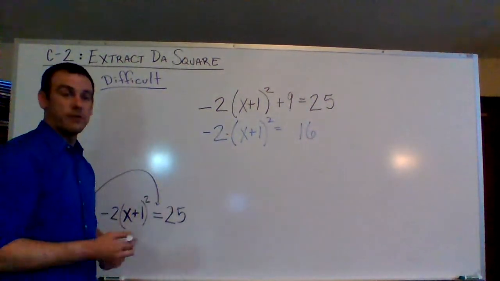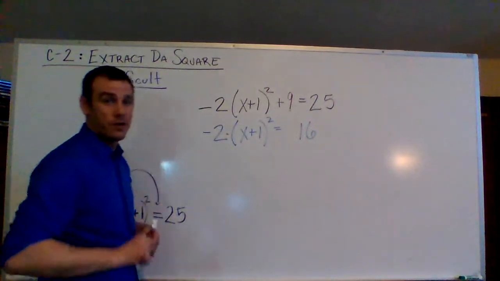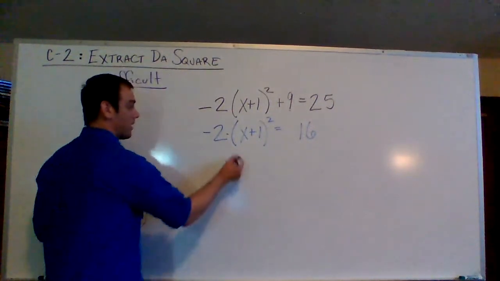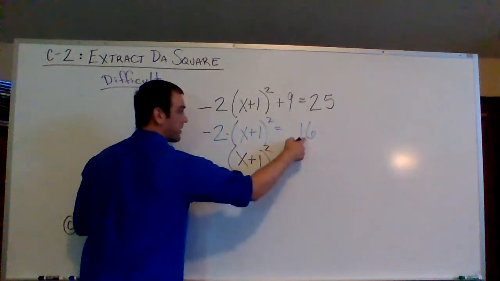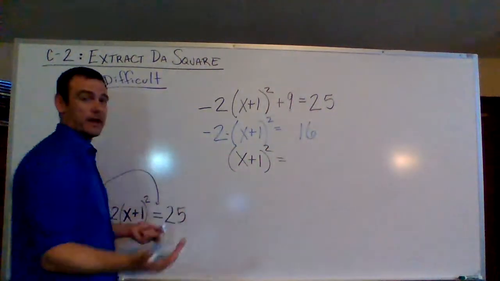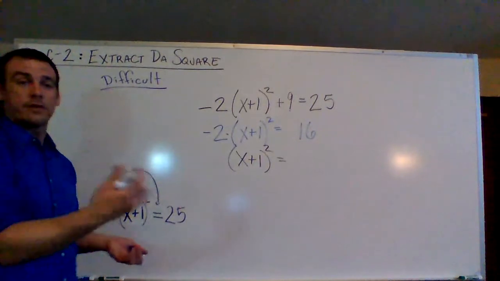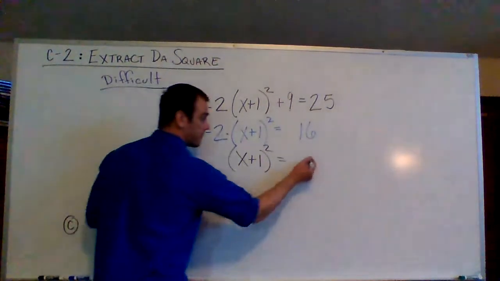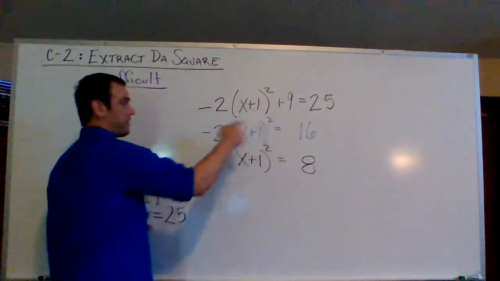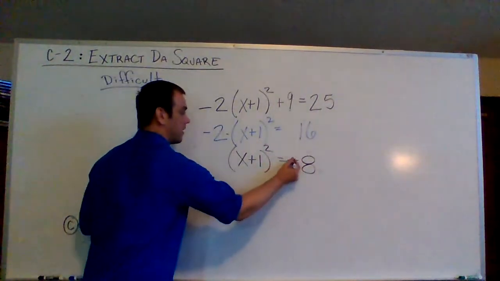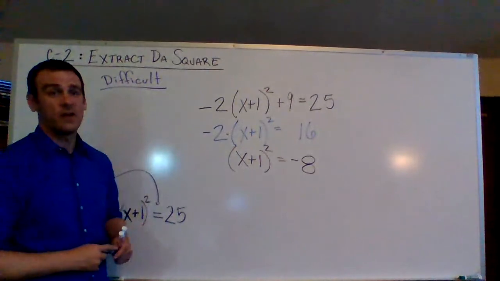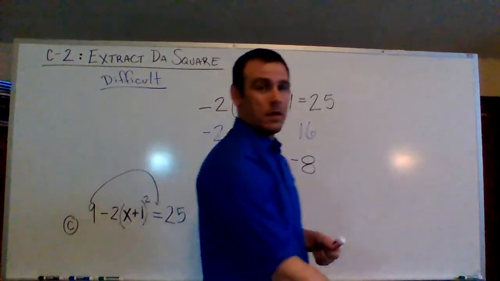So what we need to do is actually divide by the number -2. So I've got an x plus 1 all squared. 16 divided by -2. Well, 16 divided by 2 is 8. A positive divided by a negative makes a negative. A negative is very, very important here.